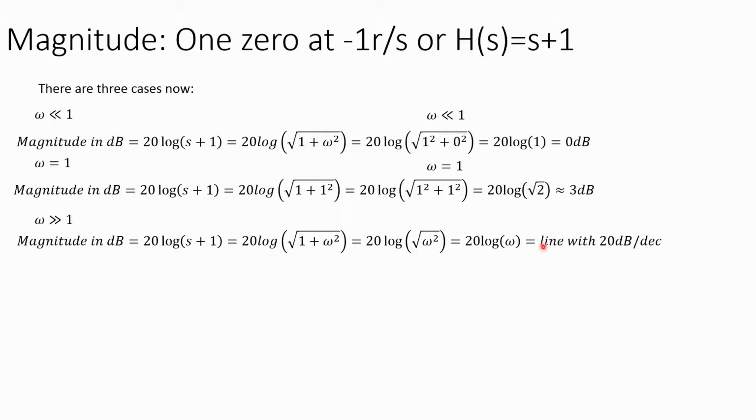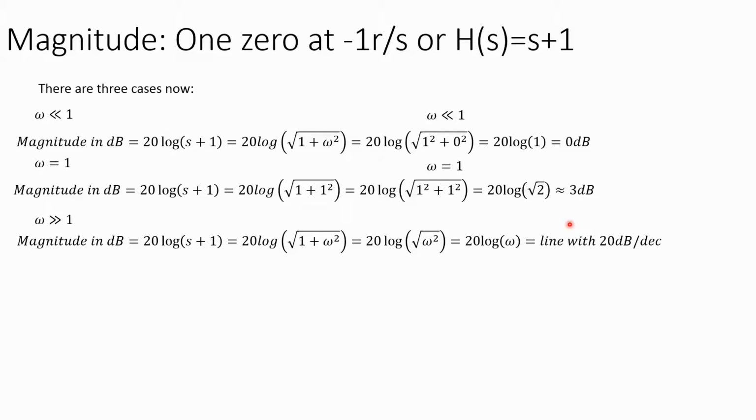So before, when we had a zero at 0, we just had a line here. But now the frequency has to be higher than the critical or cutoff frequency. In this case, it's 1 before we see that line. Before then, it's 0 dB.